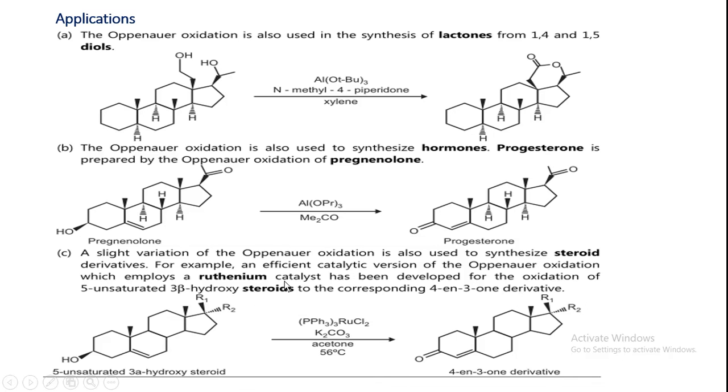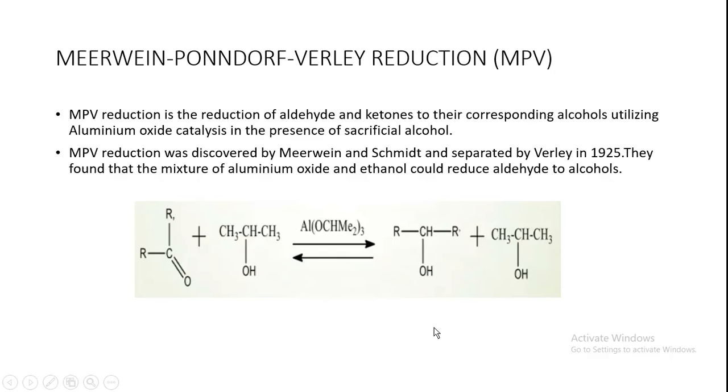Here also there is a slight modification in the catalyst, but ultimately from OH we are getting C double bond O. That means this is oxidation, from OH to C double bond O. That is Oppenauer oxidation.